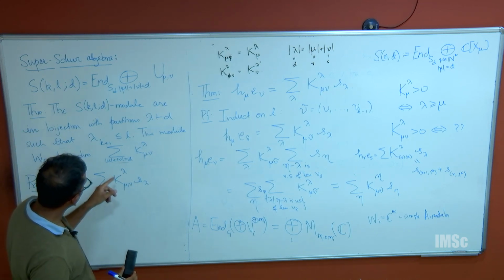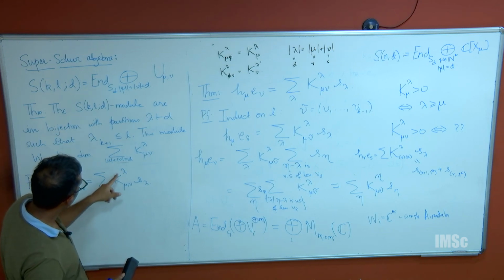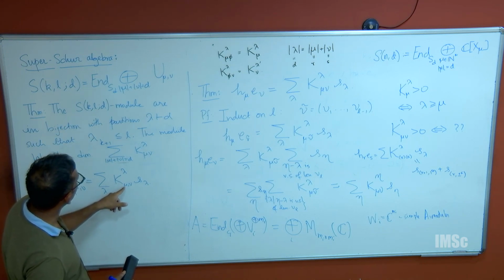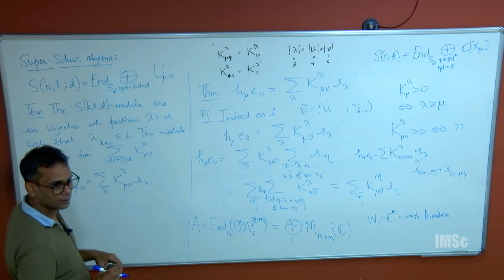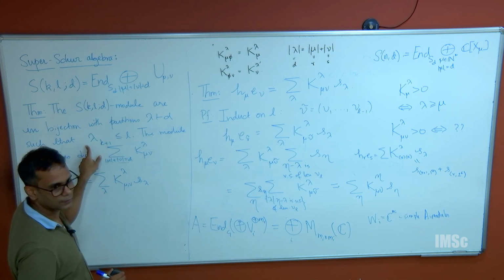So the only thing to be proved here is that k lambda mu nu is positive if and only if this condition holds, lambda k plus 1 is less than or equal to L.